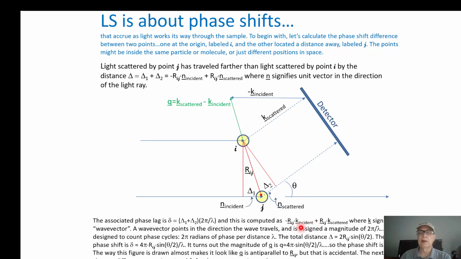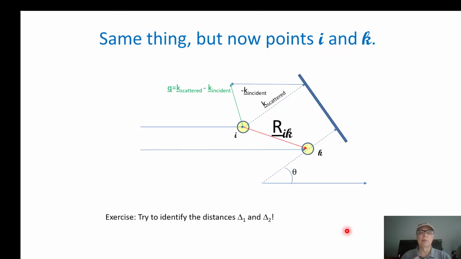And you can compute that as Rij, the vector connecting I and J, dot producted onto Q. So this phase lag Q dot Rij is 4 pi Rij sine theta over 2 over lambda. And you can see how that goes. In this case, it's an easy one. This one is a little bit more difficult for locating the particles where the phase lags occur, and I'll let you attempt that on your own sometime.